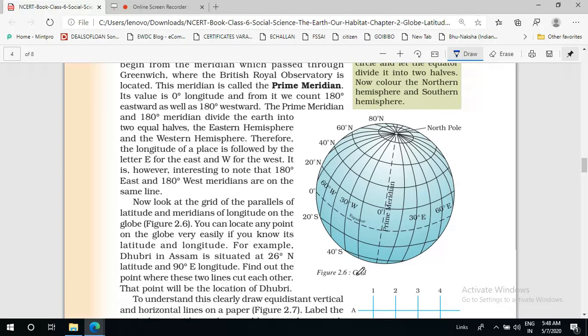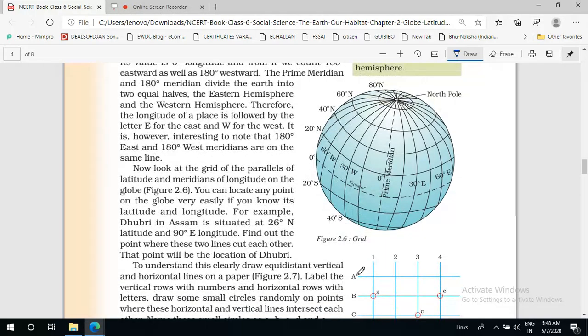Okay, now let's look at this figure. What do you find? A grid-like structure has been created. These are the vertical lines which are called longitudes, isn't it?